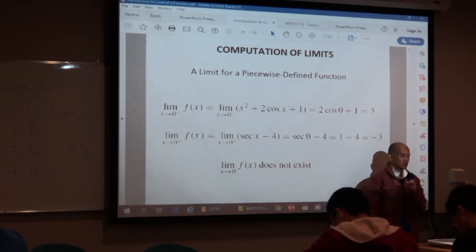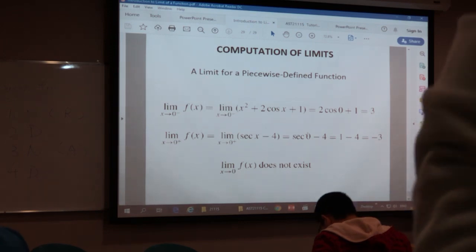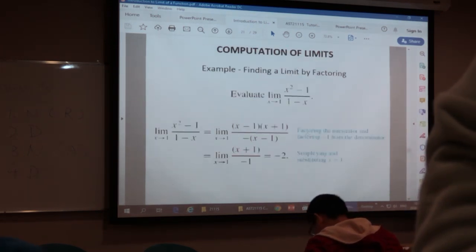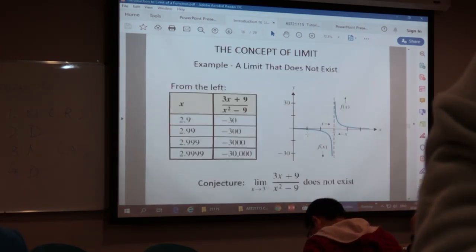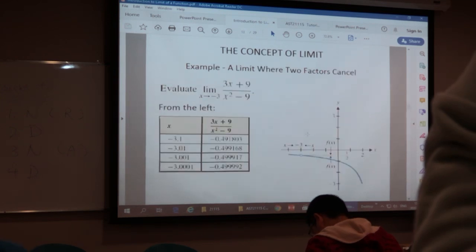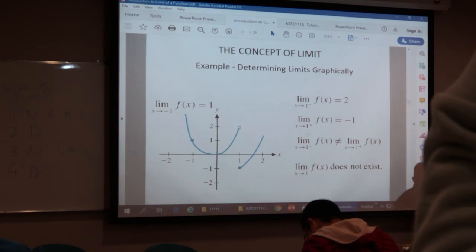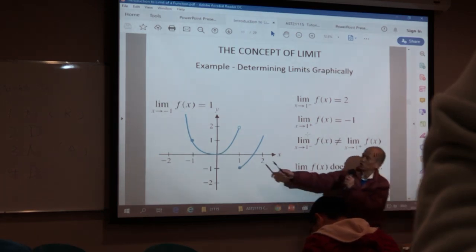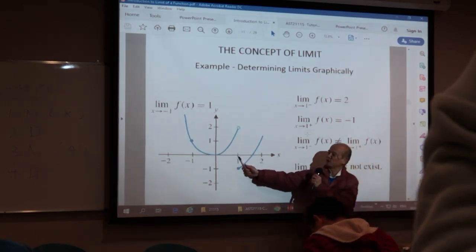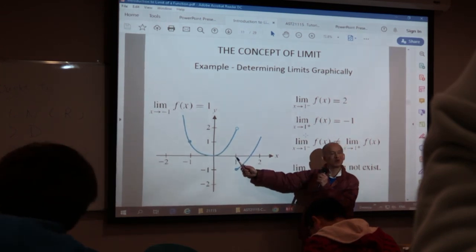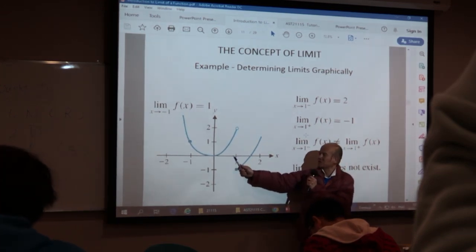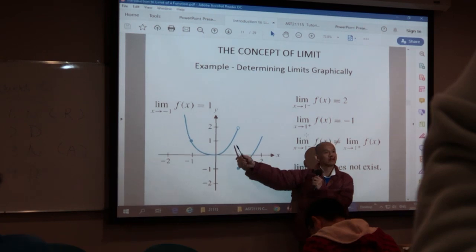They have limits, just like this example. Both sides, for the point x equal to positive 1, both the left hand side and the right hand side have a limit.